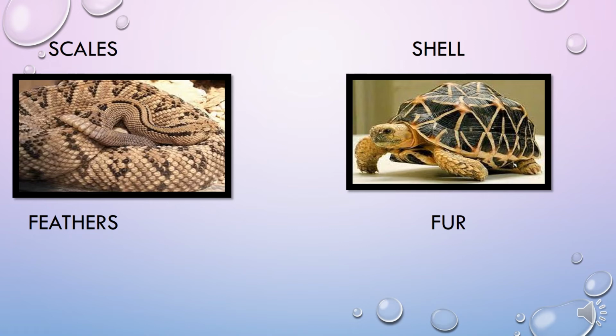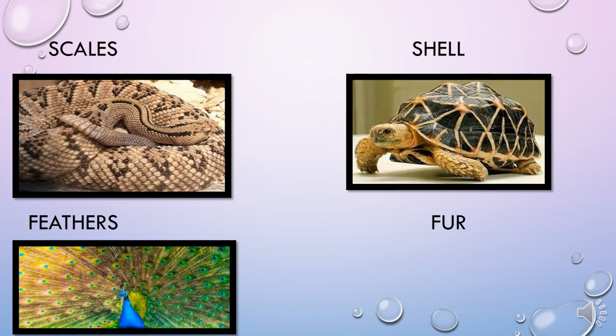Yes, their heads and their legs are moved inside the shell so that the animal that is approaching them cannot find them. So this is how the shell helps tortoises, turtles and snails to protect themselves from being hunted.